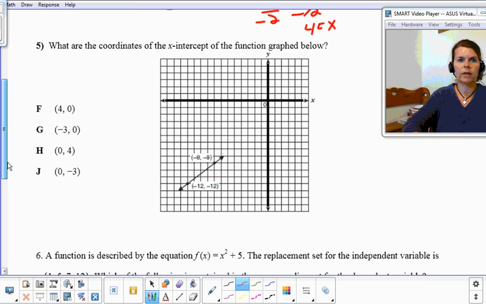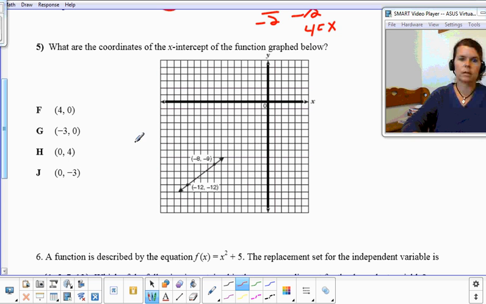Number 5. What are the coordinates of the x-intercept of the function graph below? So what I saw several people do is they went 1, 2, 3, 4. And this is the work that they showed. 1, 2, 3, 4, 5. So we got to go up 4 over 5.